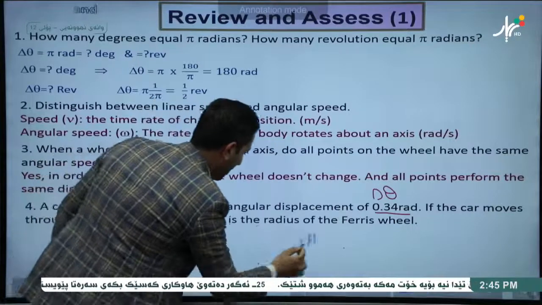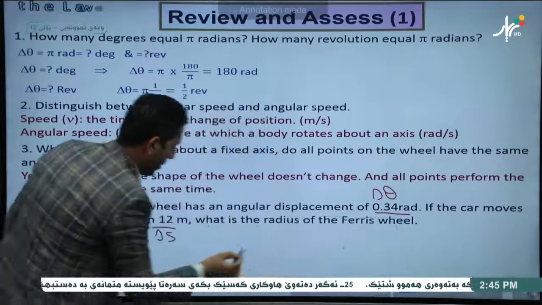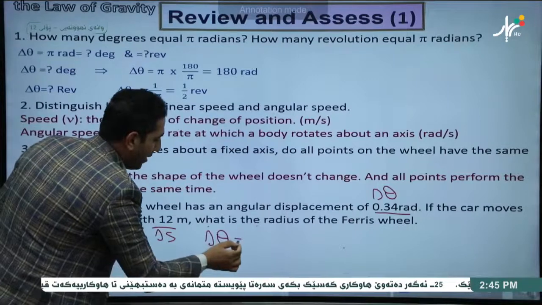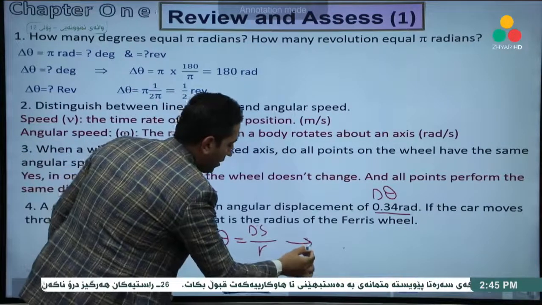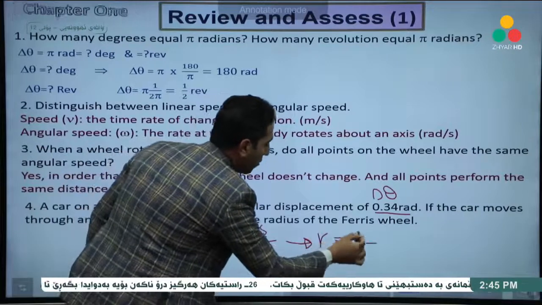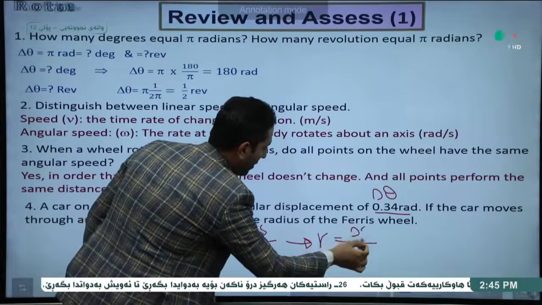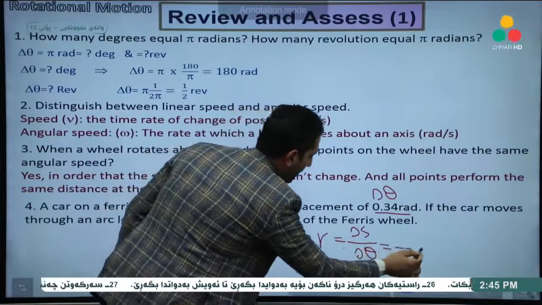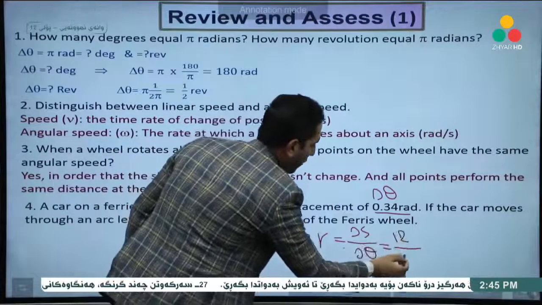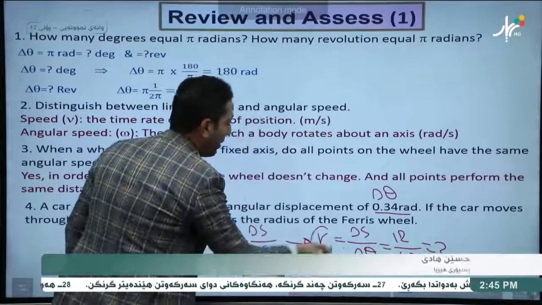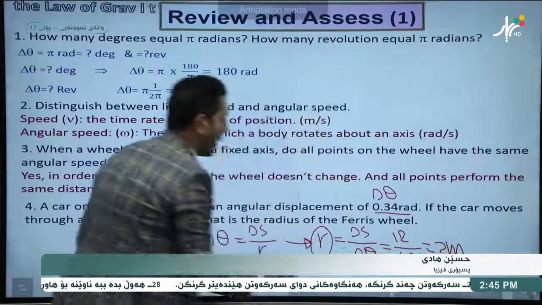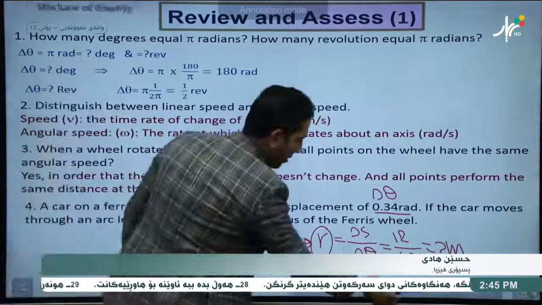Since delta theta is equal to delta S over radius, the radius is equal to delta S over delta theta. 12 over 0.34 is equal to a number in meters, because it is the radius.